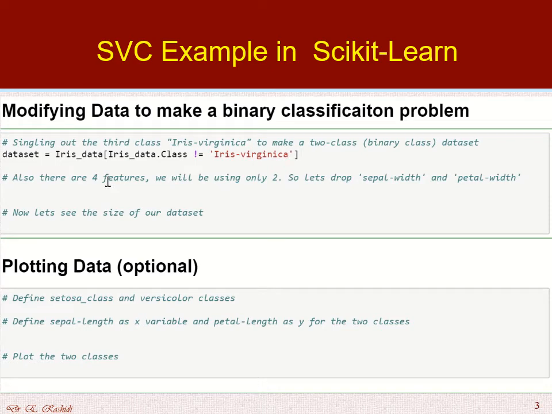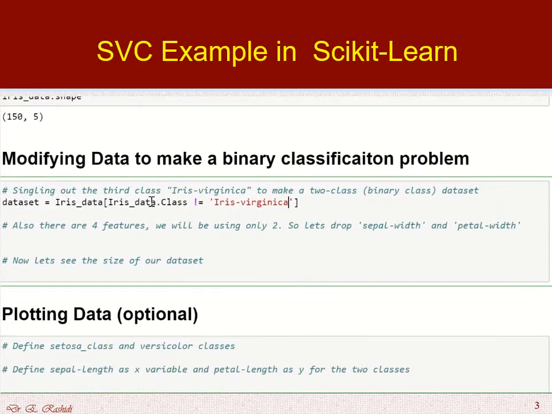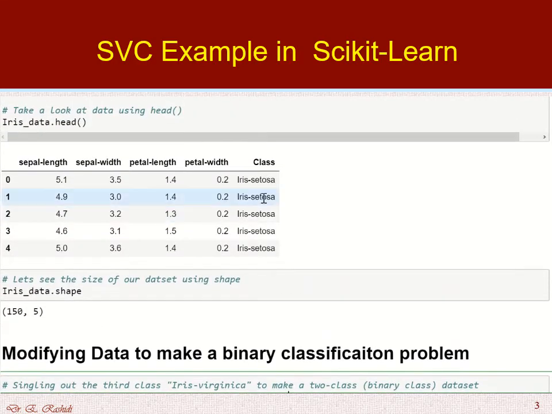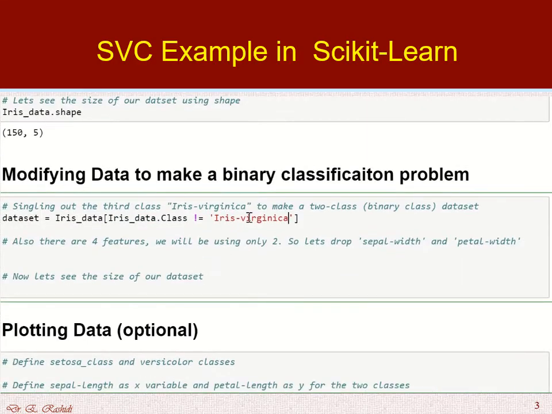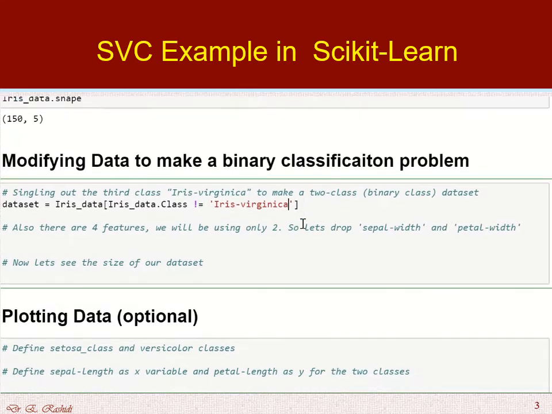What this does is it goes to our data, which is iris dataset, and for every data point whose class is not iris virginica, it's going to copy it. So that means this is going to copy everything except iris virginica.